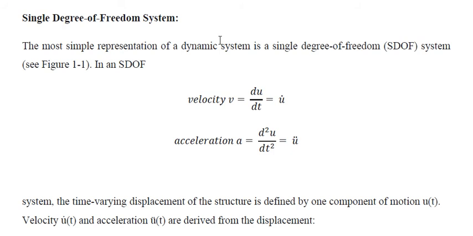Therefore, because of the different amplitudes of each particle of the beam throughout the length, such systems are called multi-degree of freedom systems or infinite degree of freedom systems. The degrees of freedom will be infinite because each particle will be vibrating at different amplitudes.